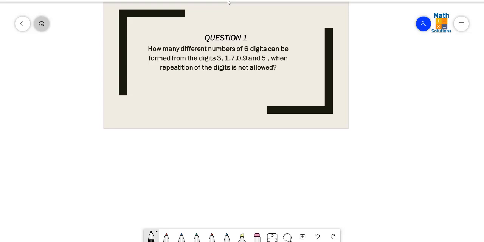Now the first and foremost thing is what? When we form 6 digit numbers, 0 should never come in the first place. Suppose this is a 6 digit number, 6 places are there. Suppose we consider 1, 2, 3, 4, 5, 6.